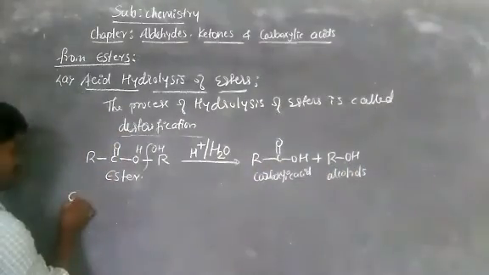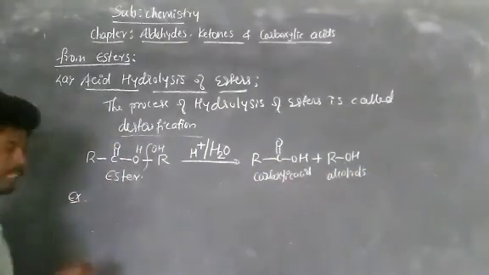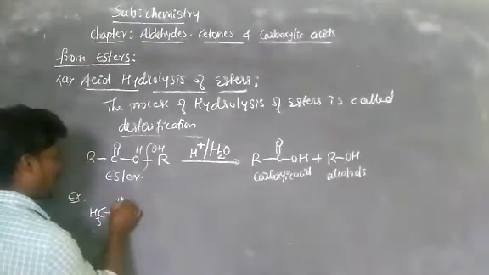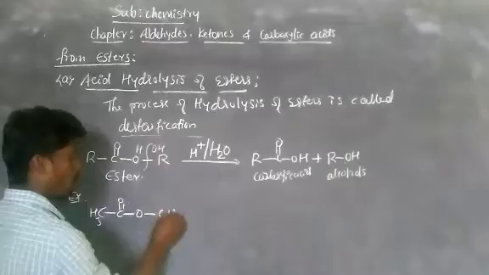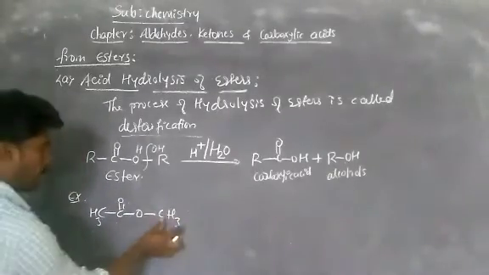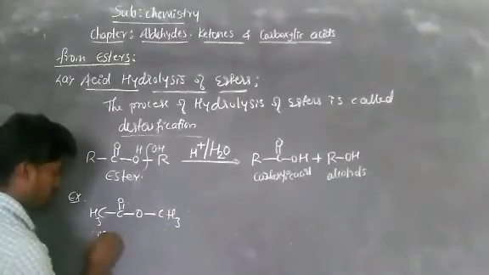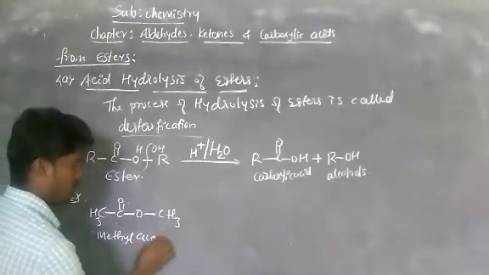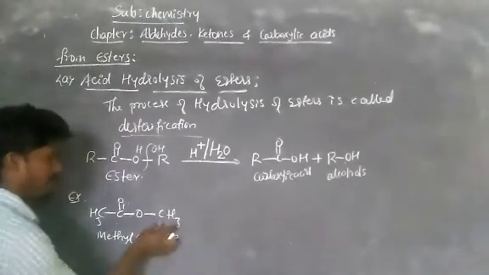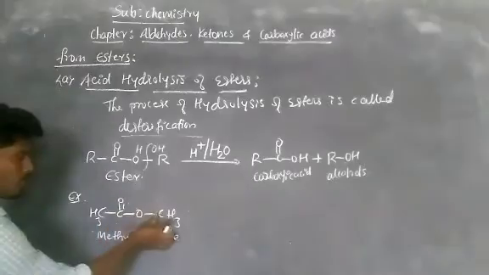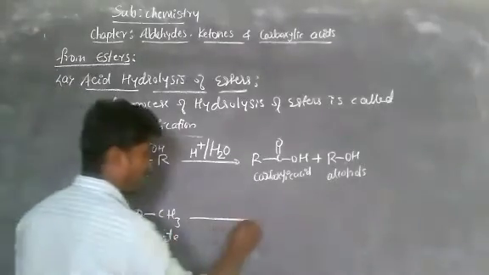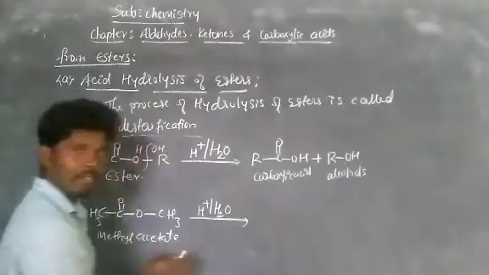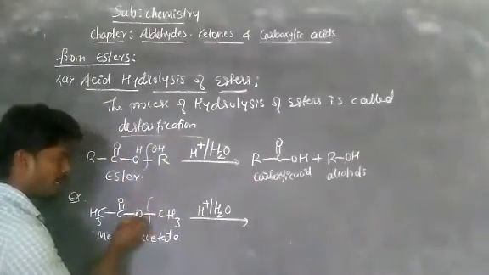Now take an example. Take a methyl ester, that is CH3 bond C double bond O bond CH3, methyl acetate. We also call it methyl ester. This is the acetate group and this is the methyl group. On acid hydrolysis, H plus in the presence of water, the bond between oxygen and carbon is broken.